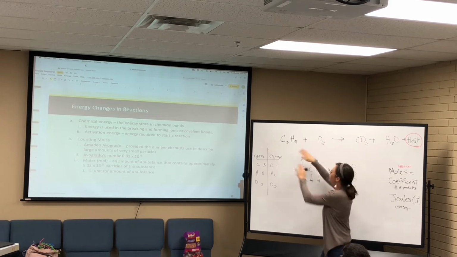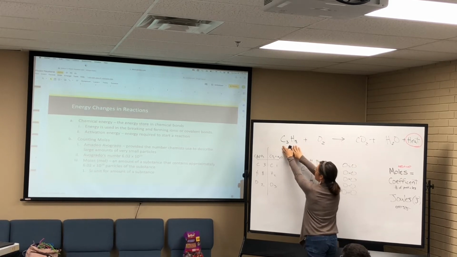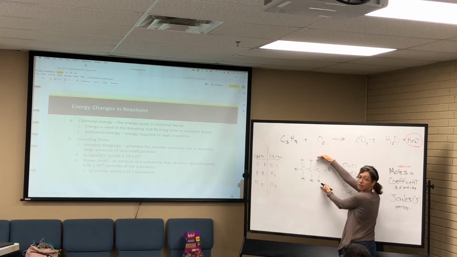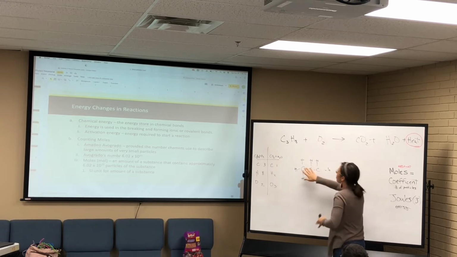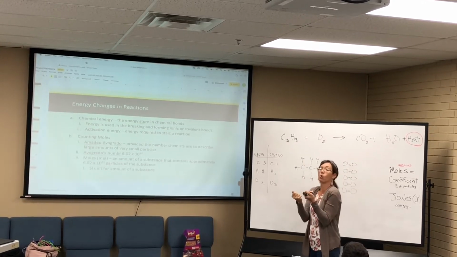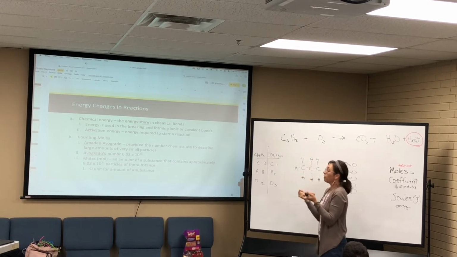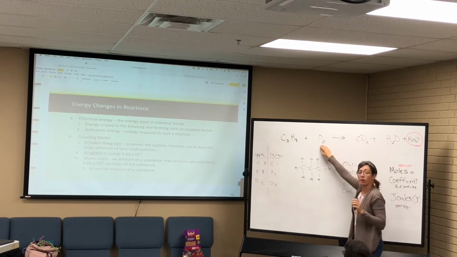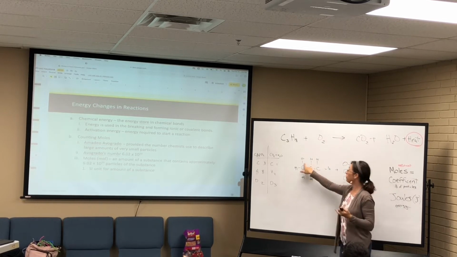So when we look at C3H8, if we were able to look at all of the bonds, we'd actually be looking at this little beehive thing. Okay? So there is energy in all of those bonds that hold the different elements together. When we're looking at oxygen, remember we also learned we have single bonds.